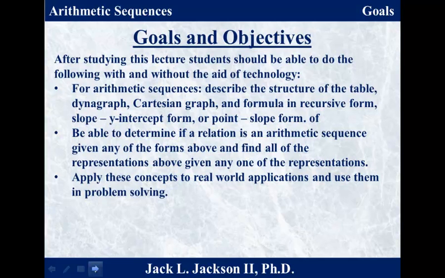They have one of the easiest kinds of structures in the formula, and they're also very useful in real-world situations because many real-world situations can be modeled by linear functions or arithmetic sequences, and even functions that are not really linear over a long period of time may be approximately linear if you look at a short period of time.